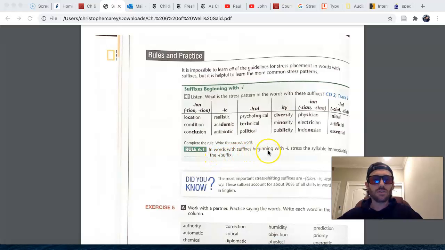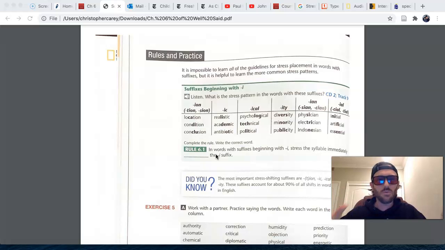In words with suffixes beginning with I, we stress the syllable immediately before the suffix, right? You can see with all of these, it's the syllable that comes right before the suffix that is stressed. So that is a rule that we can take to the bank.